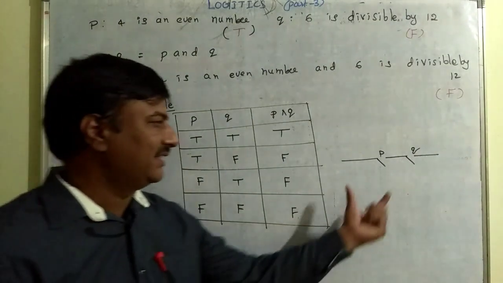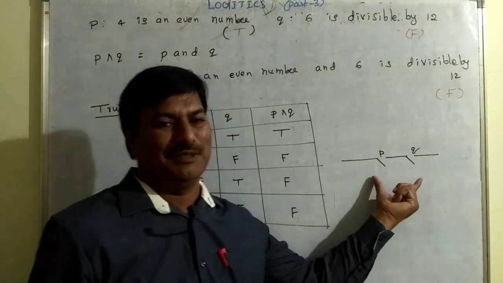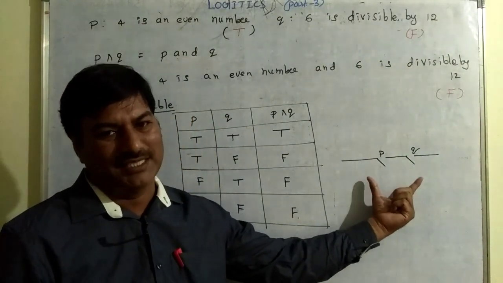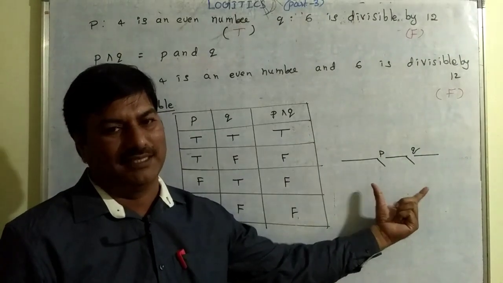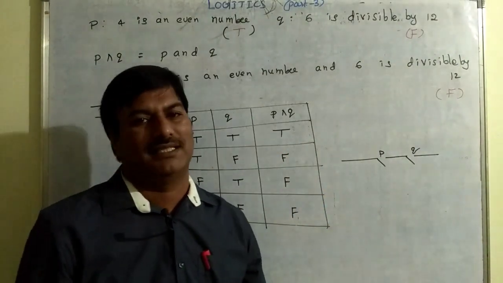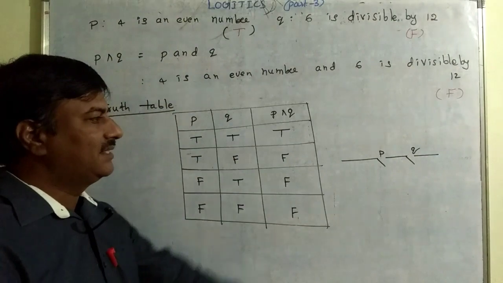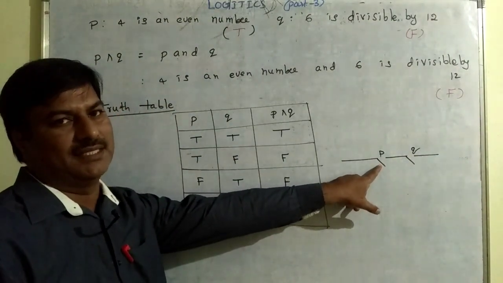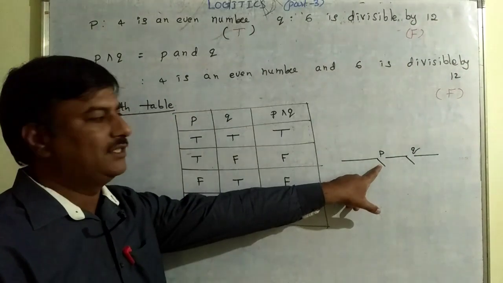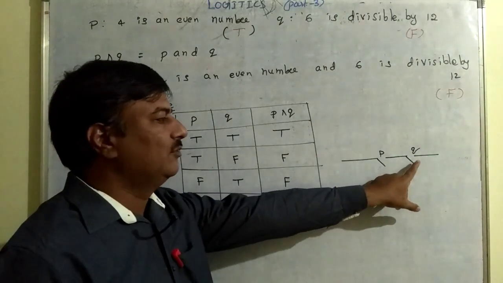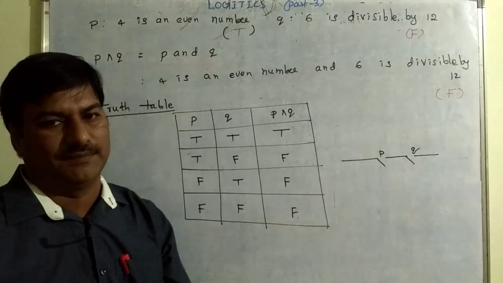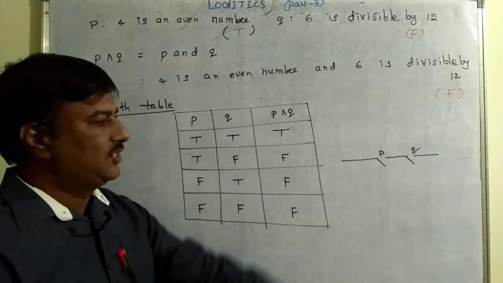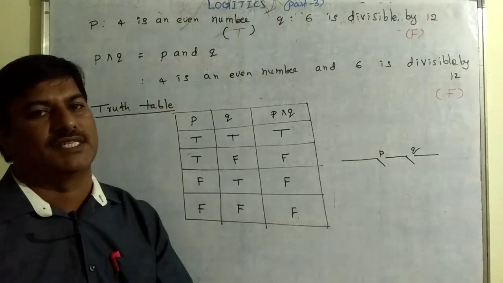By using this diagram you can decide the final result directly. Let us see here, suppose P closed means true statement and open means false statement. A switch closed means true statement, and a switch open means false statement.